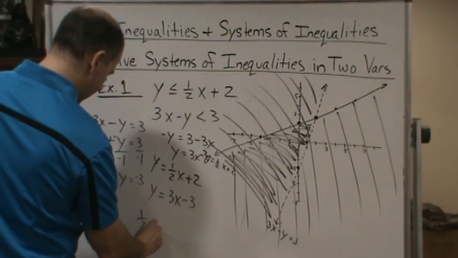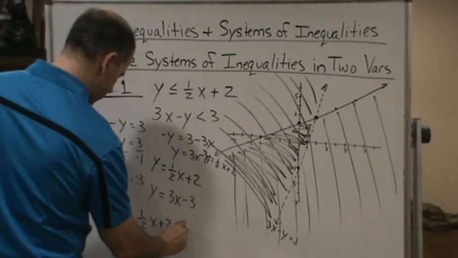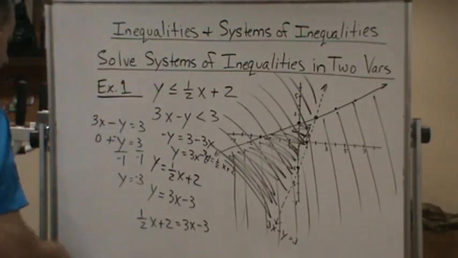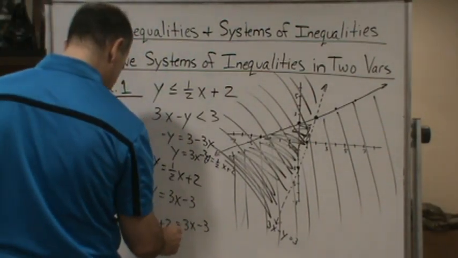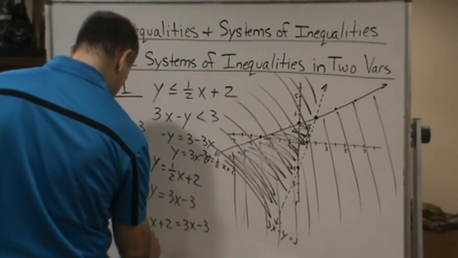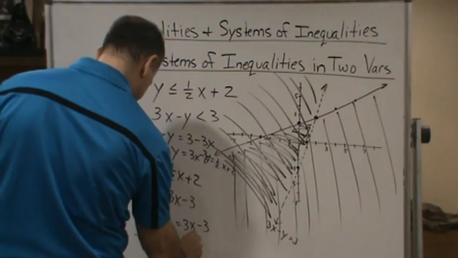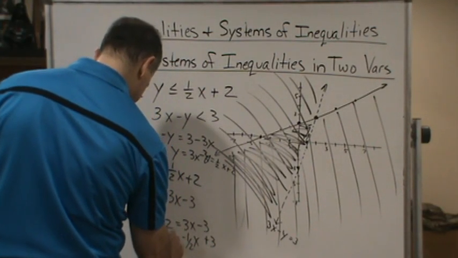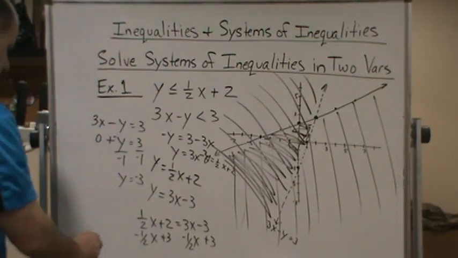So we get 1/2 x plus 2 is equal to 3x minus 3. Now we isolate the x. We subtract 1/2 x from both sides and add 3 to both sides.